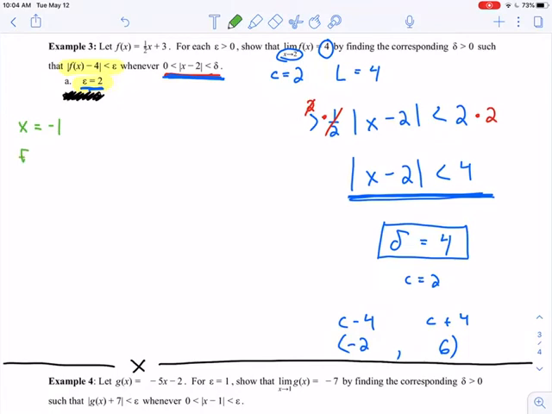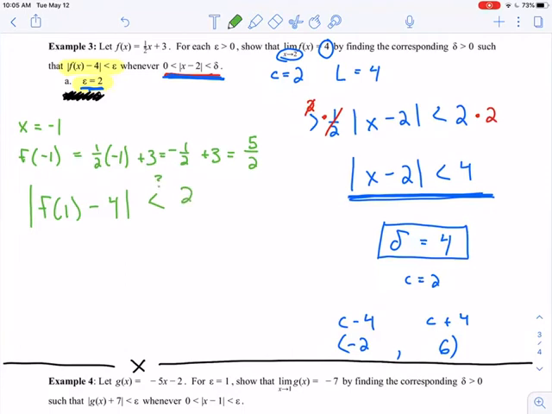So, let's look at f of negative 1 here, which is 1/2 times negative 1 plus 3. I have negative 1/2 plus 3. 3 is really 6 over 2, so this is actually 5 over 2. Now I look at the absolute value of f of negative 1 minus 4, and this should be less than 2.